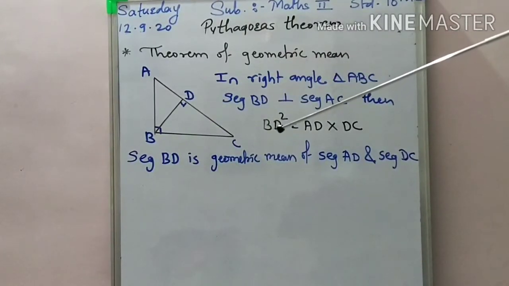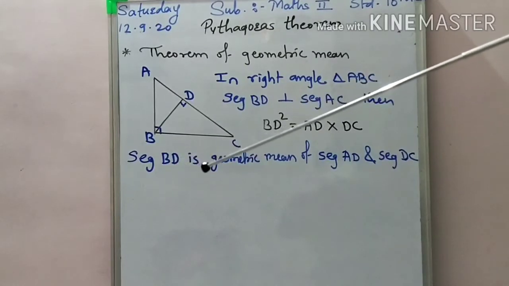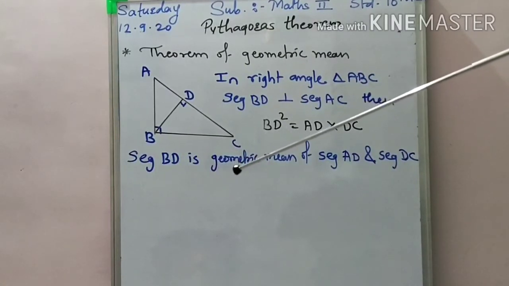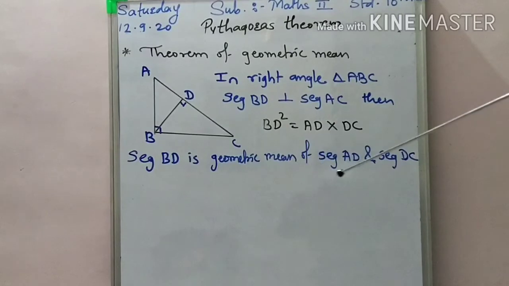Okay, and in this case segment BD is known as the geometric mean of segment AD and segment DC.